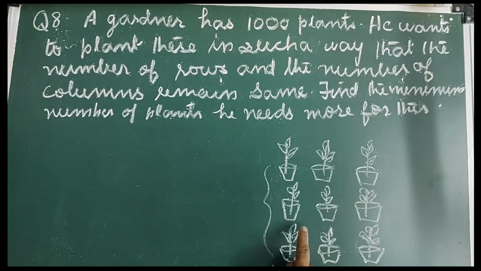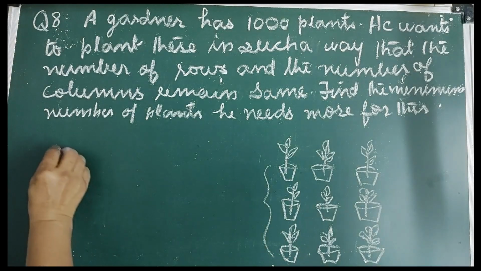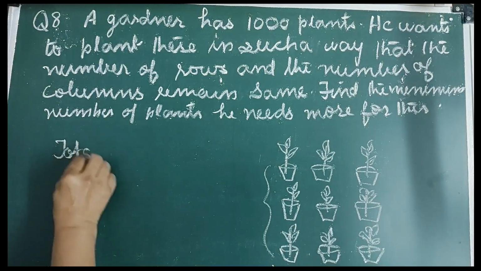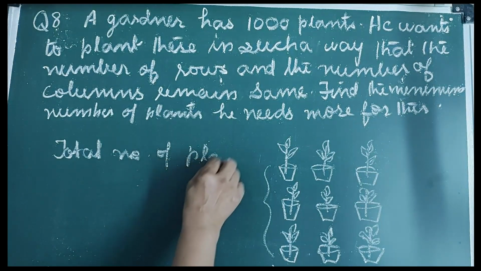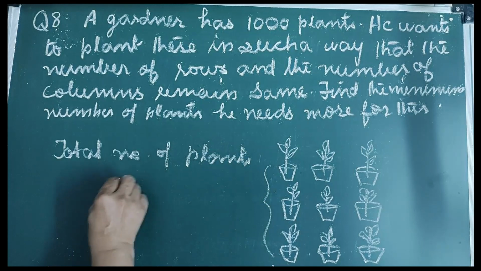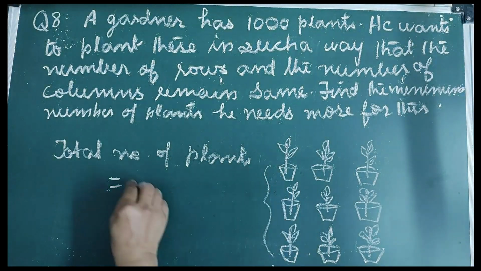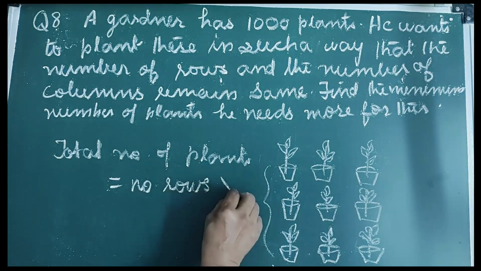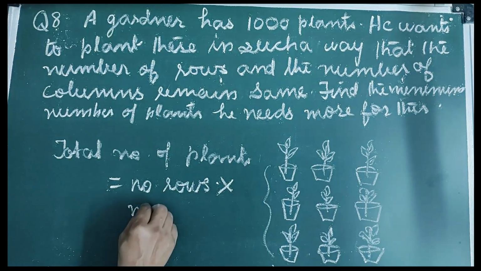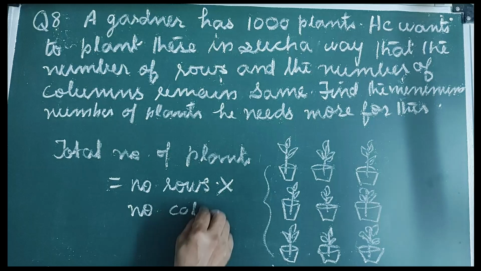So the total number of plants equals the number of rows multiplied by the number of columns.